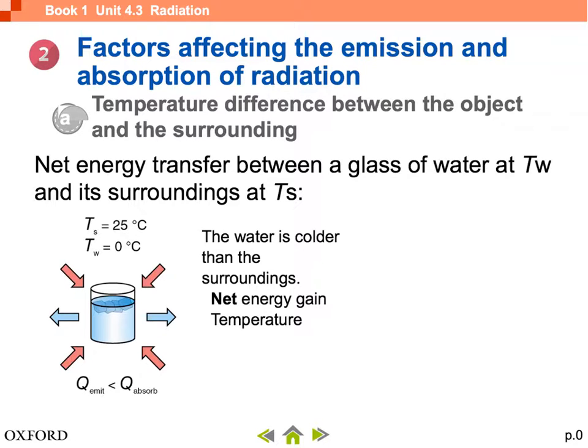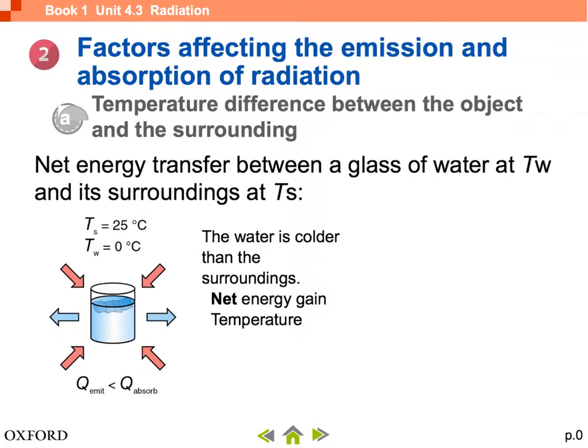As we all know, every object will emit radiations to the outside. At the same time, it will receive or absorb radiations from outside, right? So as a result, there are two processes happening in the icy water in opposite directions. However, if the object is cooler than the surroundings, the rate of emission of radiations will be slower than the rate of absorption of radiations.